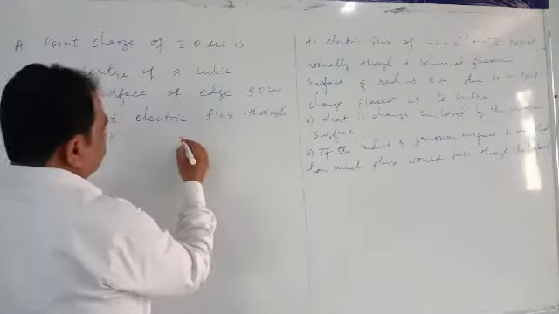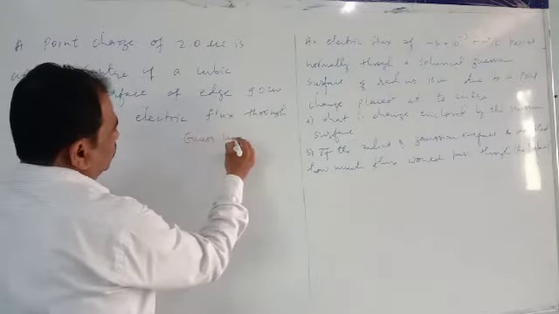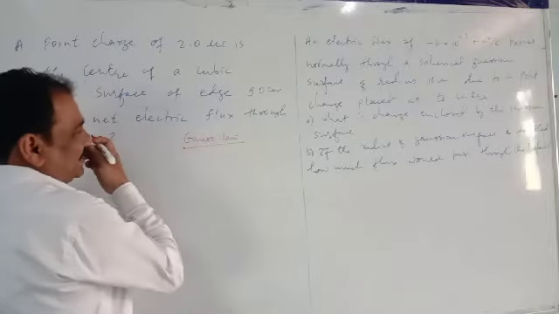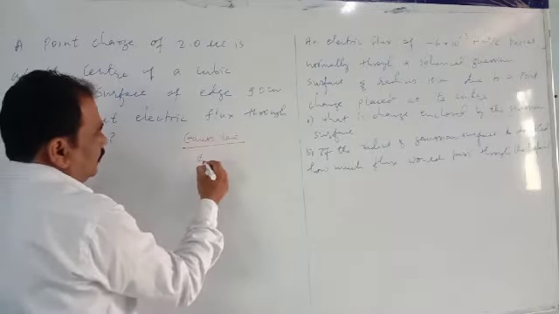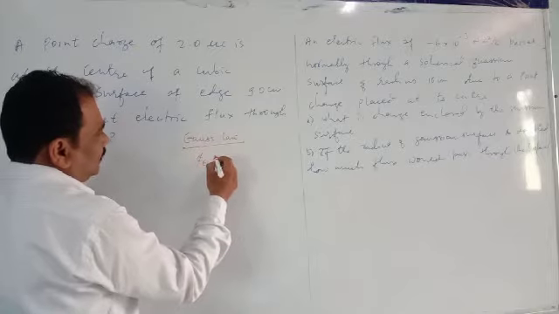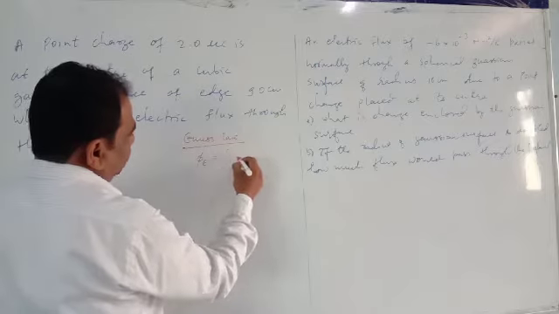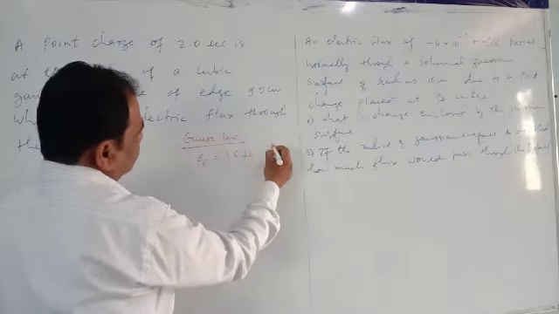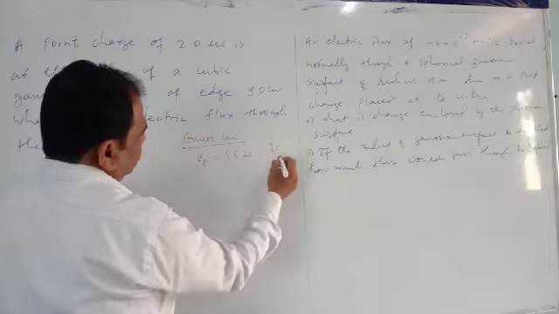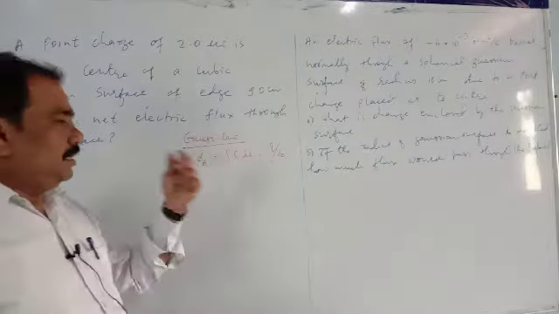According to Gauss law, the total electric flux, that is the integration of E dS, is exactly equal to charge per epsilon naught. These concepts we have seen in our previous videos.